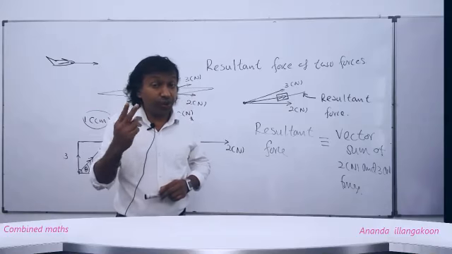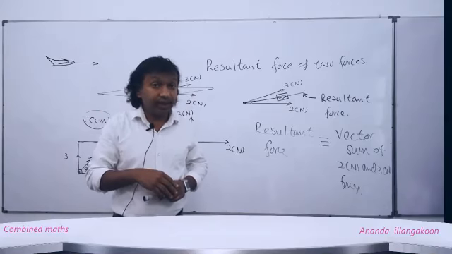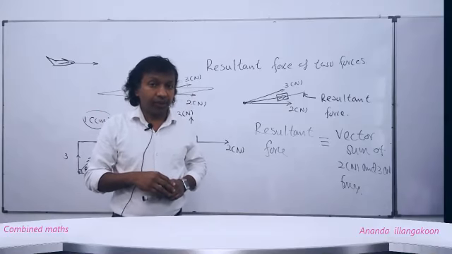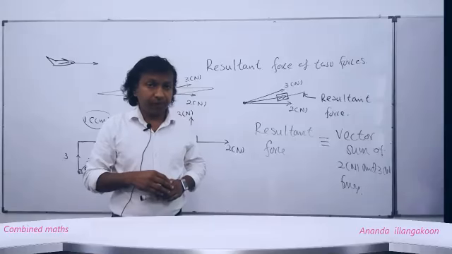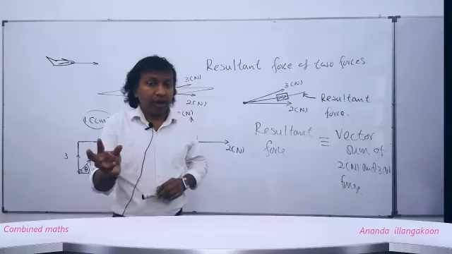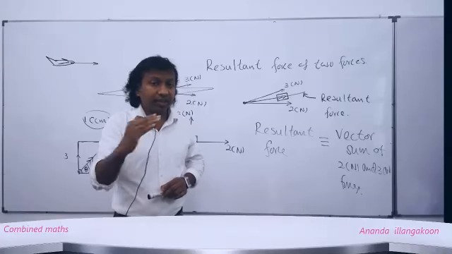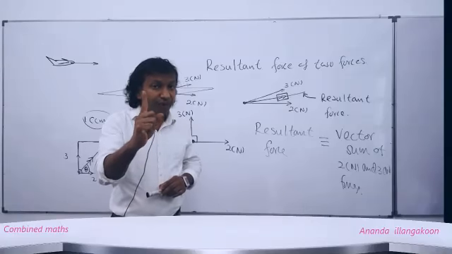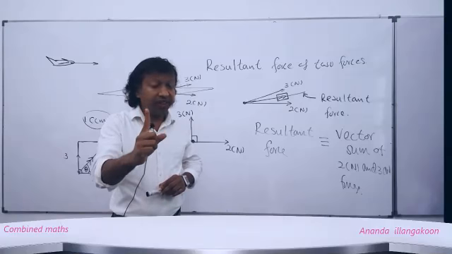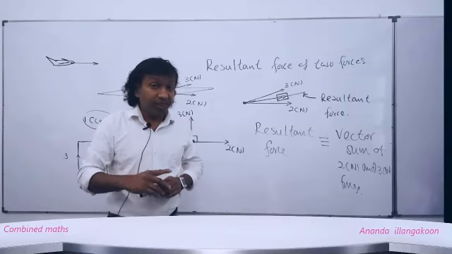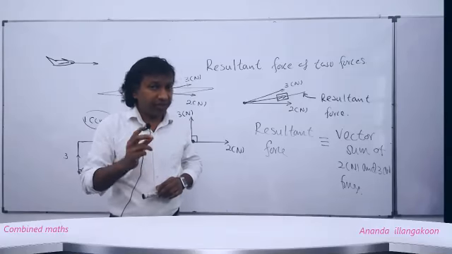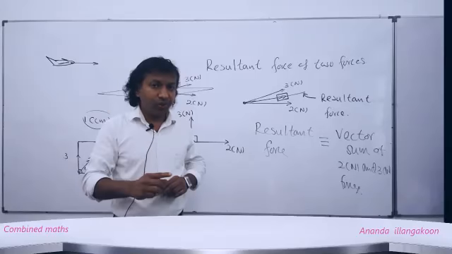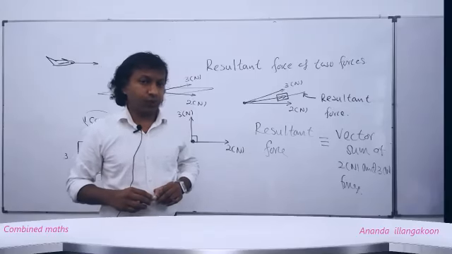That means if we need to add two vectors, how do we add them? There is a method. Finally, by adding two vectors, as our answer we get another vector. That single vector is the resultant vector. That means instead of those two vectors, what is the single vector we can use?